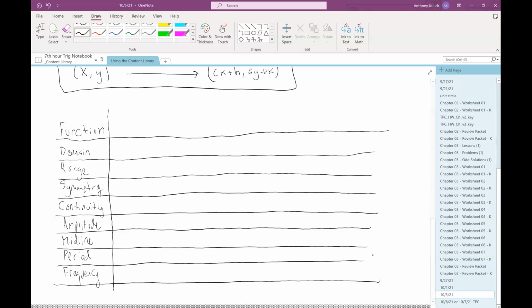Okay, so there's the guts of my table here.